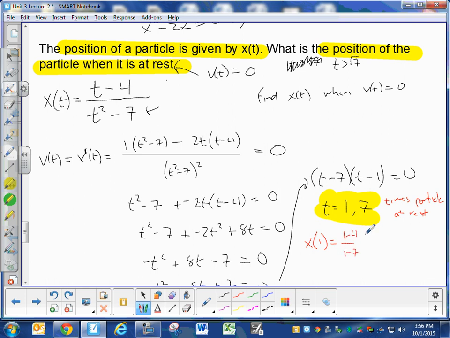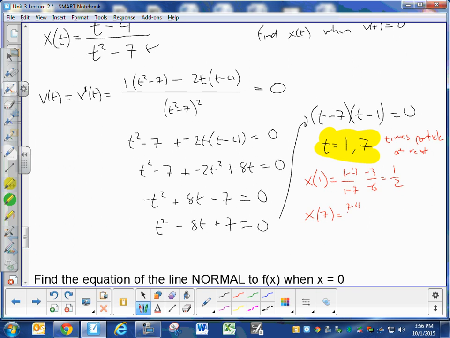I get negative 3 over negative 6, which is 1/2. And my position at time 7 will be 7 minus 4 over 16 minus 7. This will be 3 over 9, which is 1/3. So those are my positions. Those are the answers to my question.